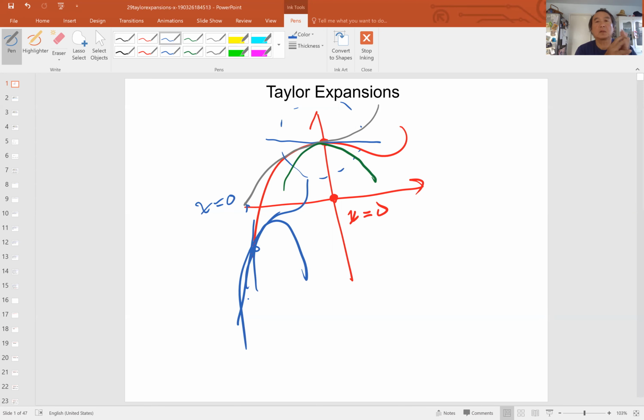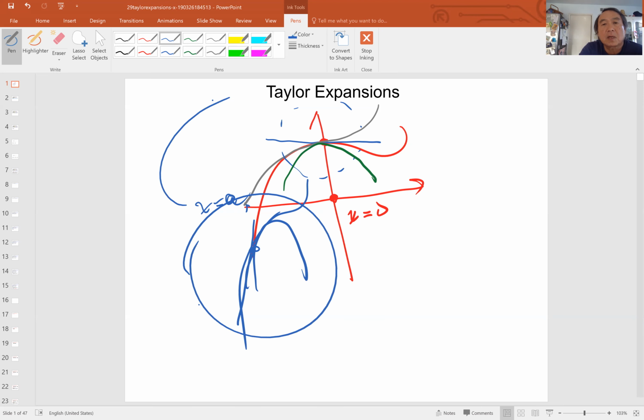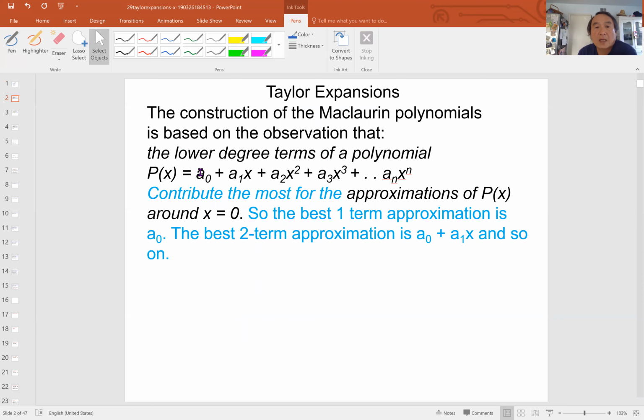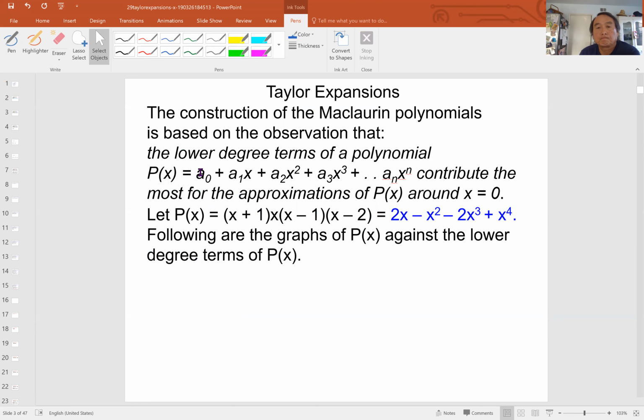In particular, we're going to write polynomial formulas in a special manner, based at the point x equal to a, not x equal to 0. These types of expansions are called Taylor expansions, as opposed to expansions at 0, which are Maclaurin expansions.